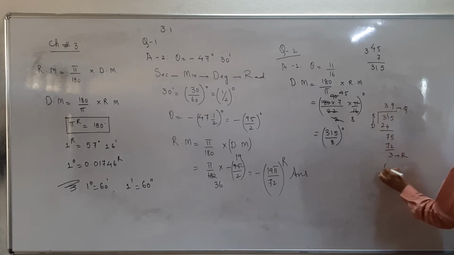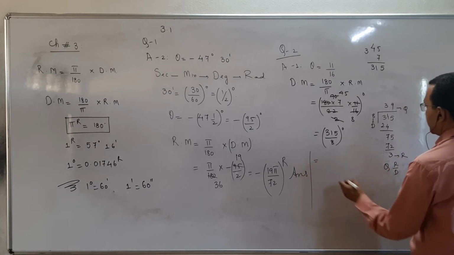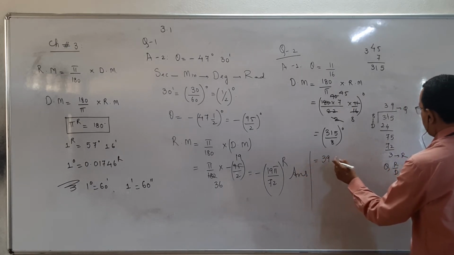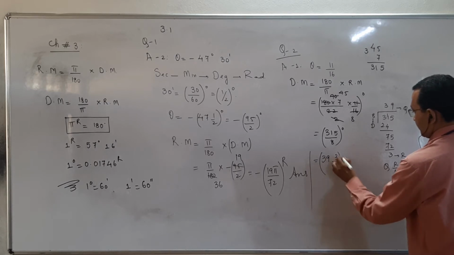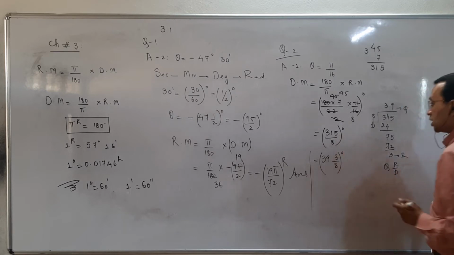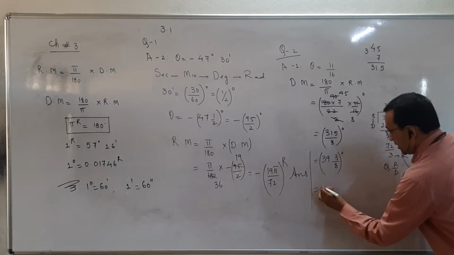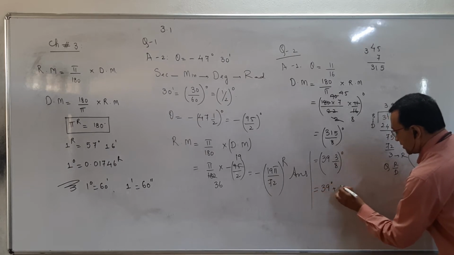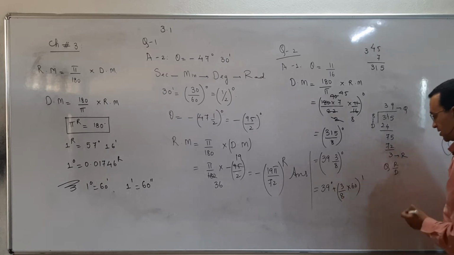This is in the form of quotient and remainder by divisor. So 39 integer 3 by 8. Convert the fraction to a mixed fraction and write it as 39 degree plus 3 by 8 into 60 minutes.